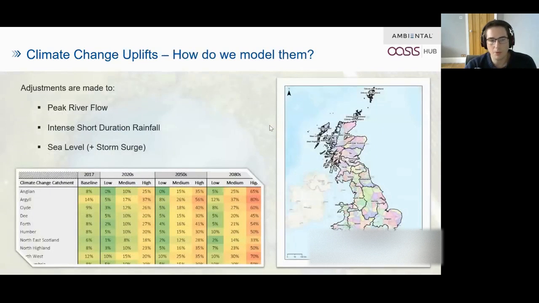Okay, so the big challenge that we have from moving from climate data or climate model output to hydraulic flood map output is we have to go via hydrology. So how does the climate model actually change the hydrology or the way that we view that hydrological model in order to change what we then put into the hydraulic model?